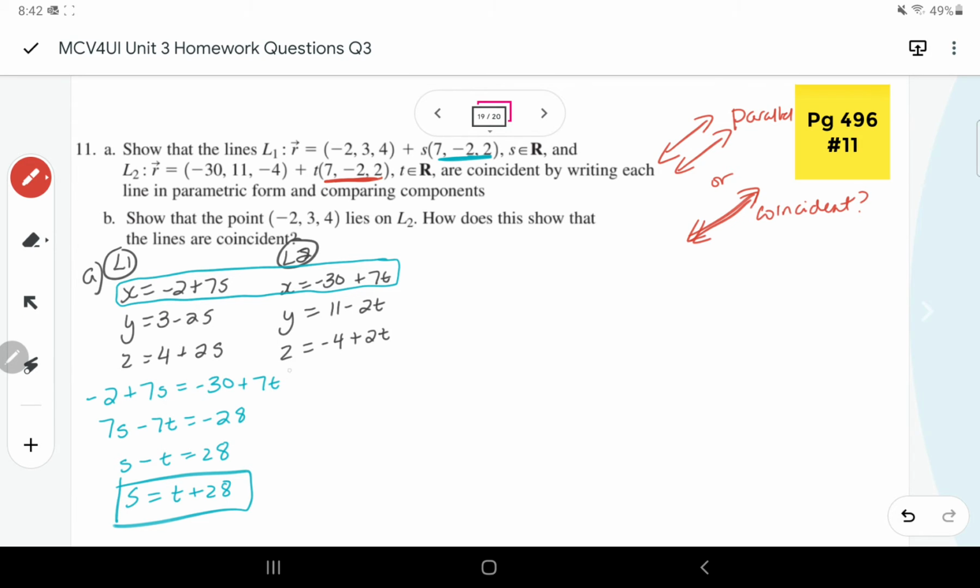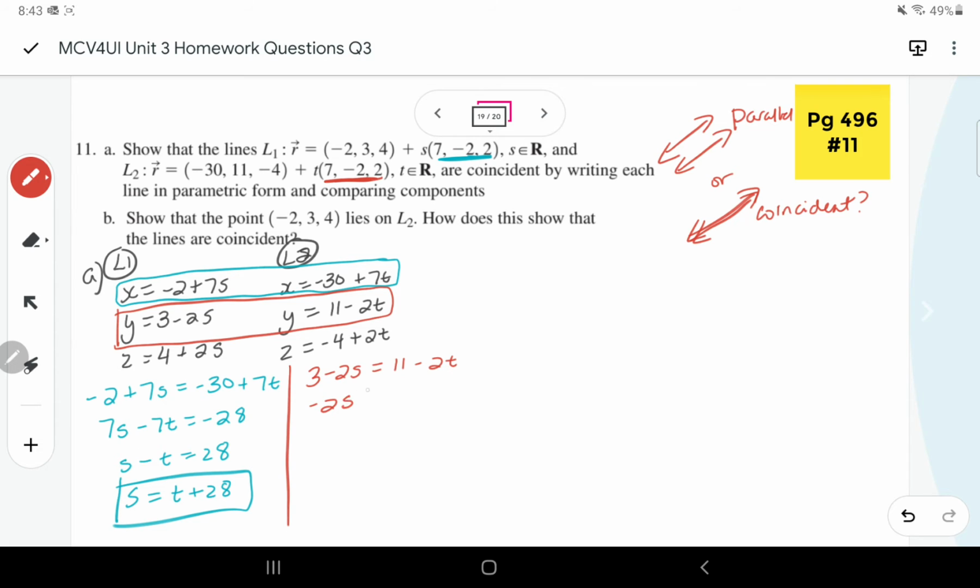Typically, we then do the same for the y's and the same for the z's. So for the y's, I would do 3 minus 2s equals 11 minus 2t. Maybe I'll get each one in terms of an s equals.